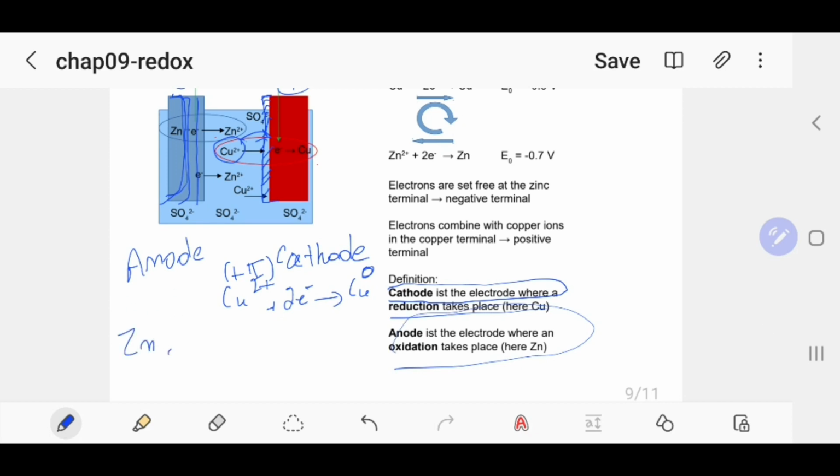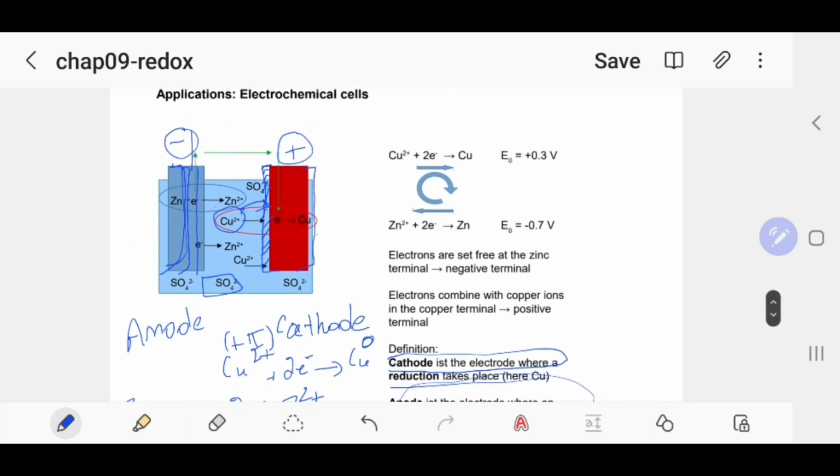So it's the zinc giving away 2 electrons and giving zinc ions in the solution. So we have an increase of zinc ions and we have an increase of copper metal, and the flow is from the minus to the plus. It's actually going from the minus terminal to the solution, and from the solution to the copper metal.